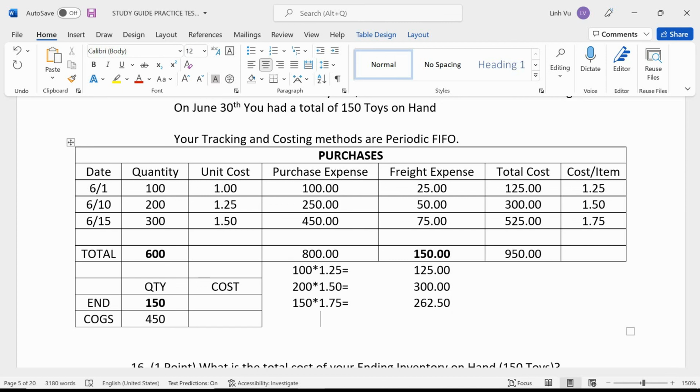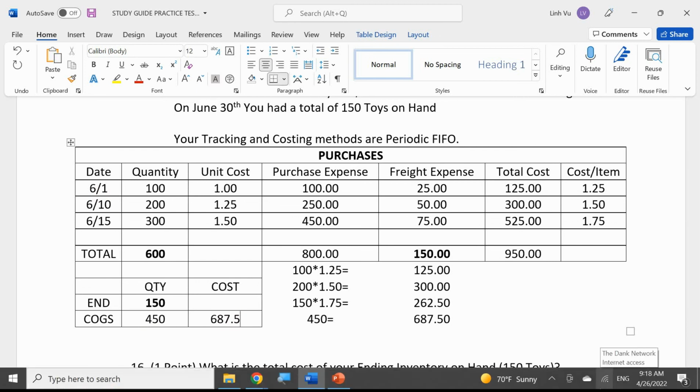So you have a grand total of 450 units at a grand total cost of $687.50. Good. So that's your answer here.